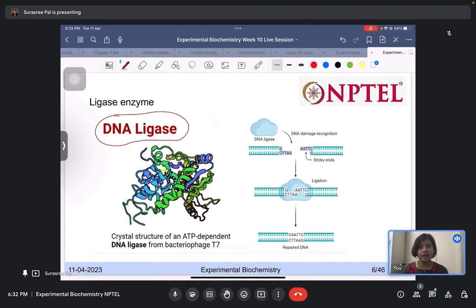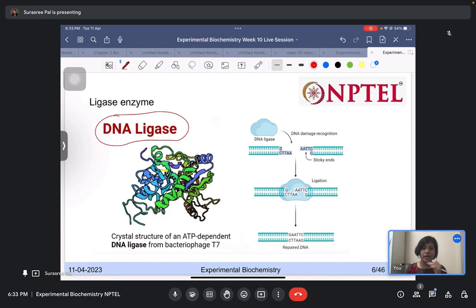We cut the plasmid at a particular site with these restriction enzymes. Now, these restriction sites, which are unique for the restriction enzymes, if they are present in the plasmid, then we will be able to cut the plasmid with that particular restriction enzyme. So that is what is actually done.